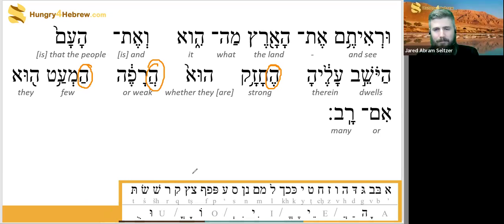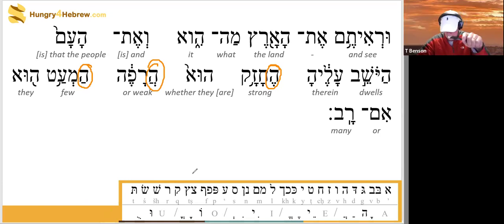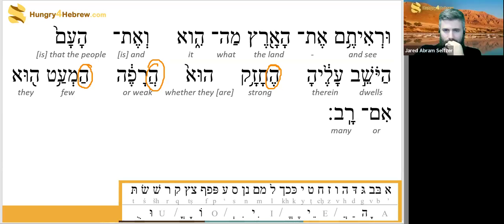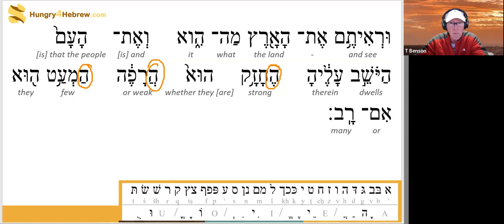Question. Just for the sake of learning, I'd like to challenge you on this. I'm not disagreeing that it's an interrogative particle, but I want to make an argument that it's a definite article. The reason is, see, there's no question mark after that word "therein the mighty."